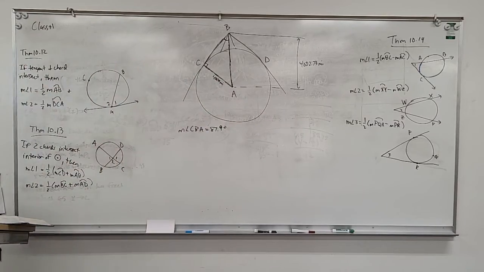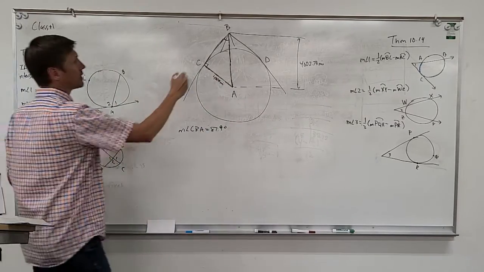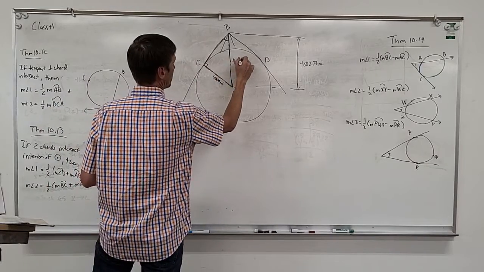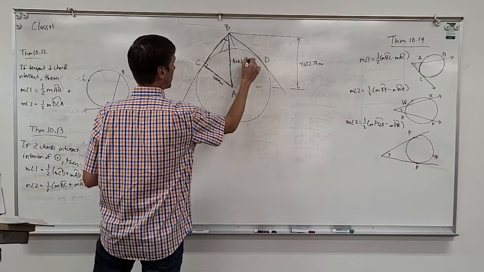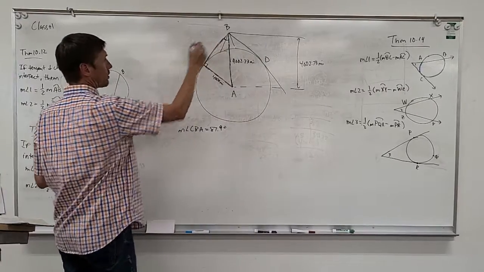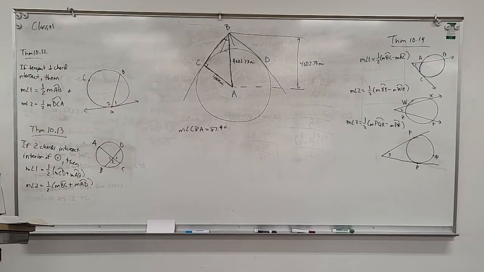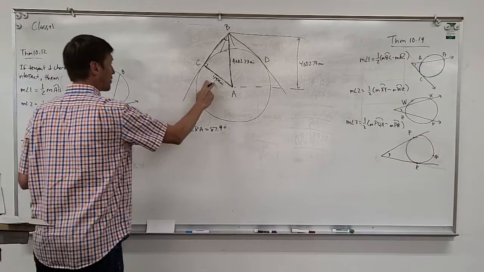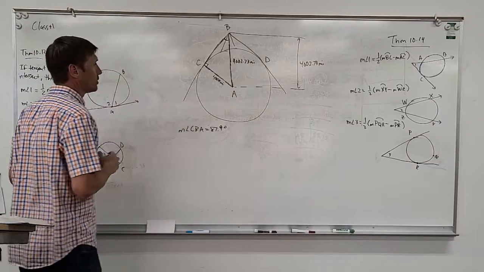So since we know this big distance here, which we just said was 4,002.73 miles, then we can figure out this angle using what trig function? Sine. Sine is opposite over hypotenuse. The opposite side is 4,000. The hypotenuse is 4,002.73.